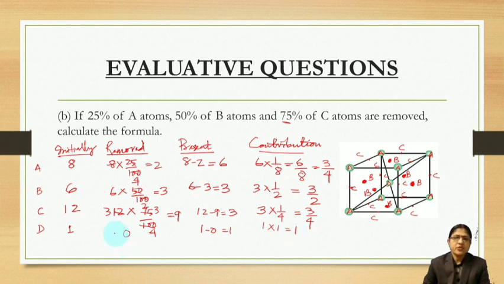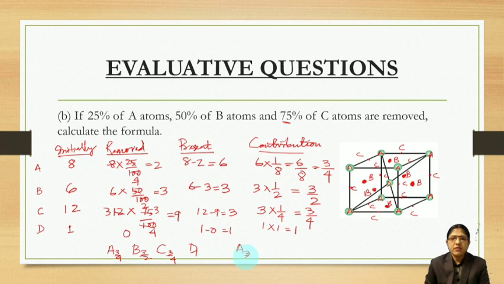Right? So now we will write the formula of the unit cell. A 3 by 4, B 3 by 2, C 3 by 4, then D 1. Now we will multiply 4.